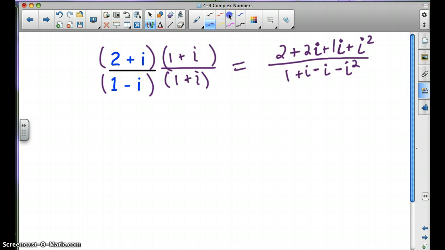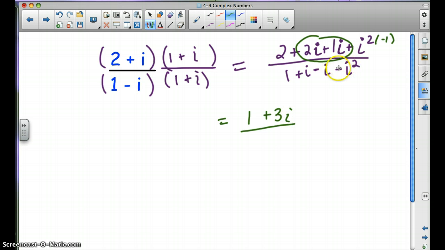So let's go ahead and simplify. So here we're going to get 3i right here. And this, remember, is negative 1 i squared. So if we combine like terms, 2 plus a negative 1 is going to be 1 plus 3i.